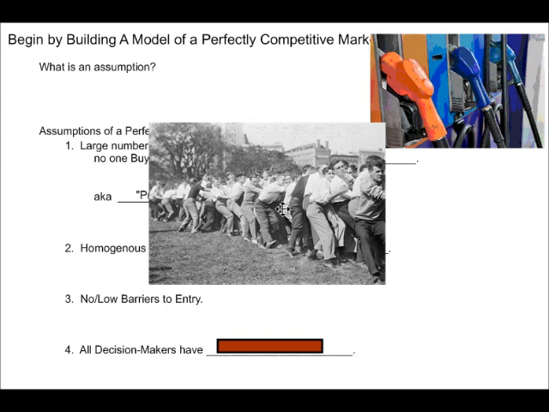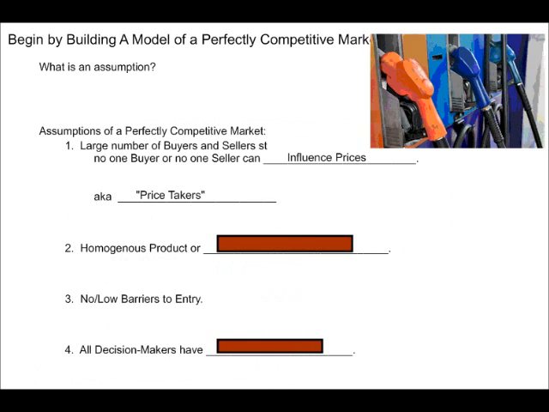Would you as a buyer be able to walk into a gas station and say, nah, I don't really want to pay that $2.50 that you've got posted. How about I only pay you $1.50? You would never be able to get away with it. You as an individual buyer have no ability to influence market prices. Why? Because producers have a whole bunch of buyers that they can choose from. That's the assumption, and again, it operates on both sides of the market.